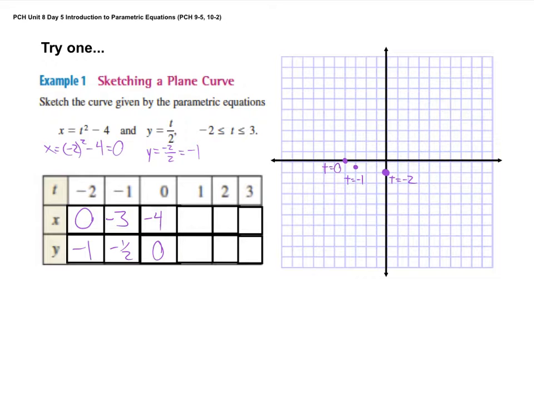What'd you get when you plug in 1? When you plug in 1, what do you get for x? -3, and what do you get for y?